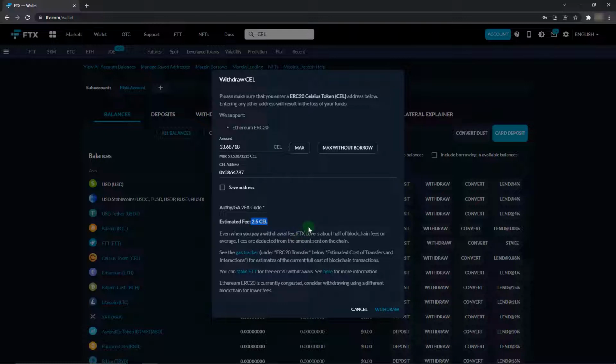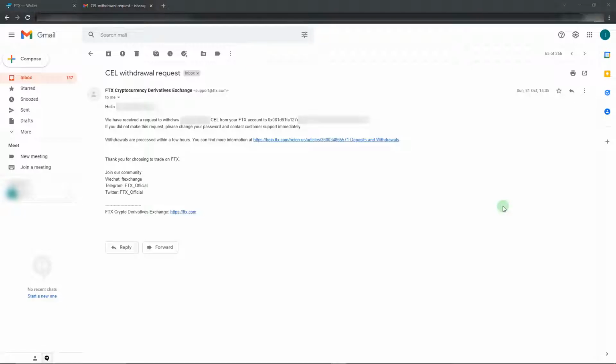That's roughly going to be about $7.5 considering the current price of the CEL token. After that, you can go ahead and click withdraw for the withdrawal process to get initiated. Then FTX is going to send you an email confirming your withdrawal request. And in a matter of a few minutes, you will receive your CEL tokens at your Celsius wallet.